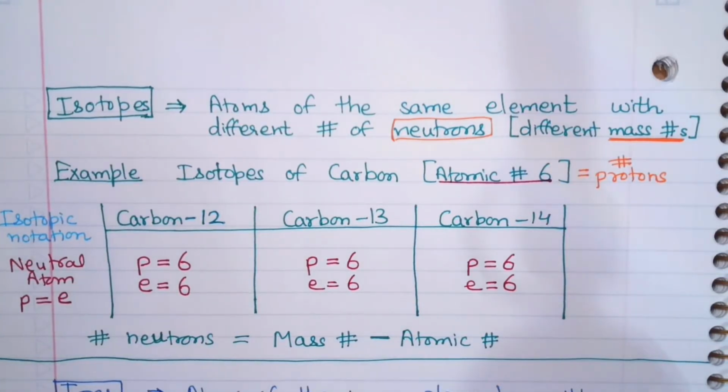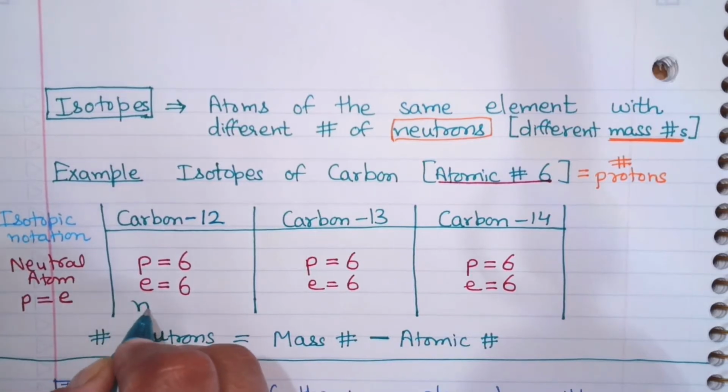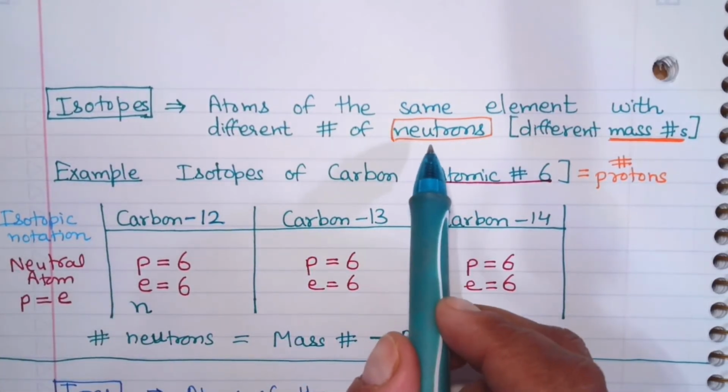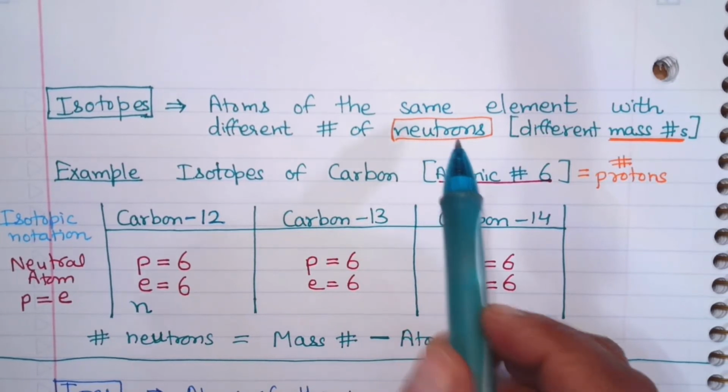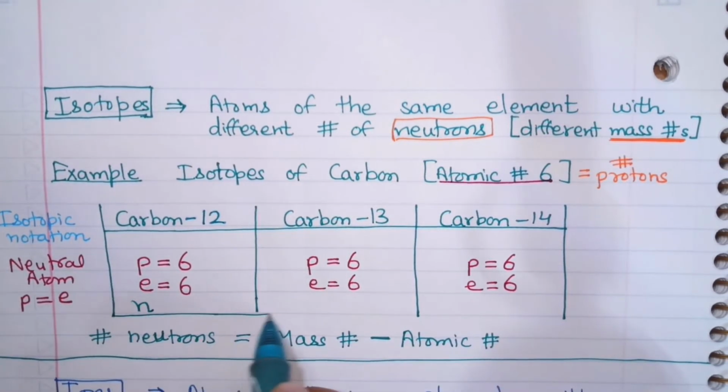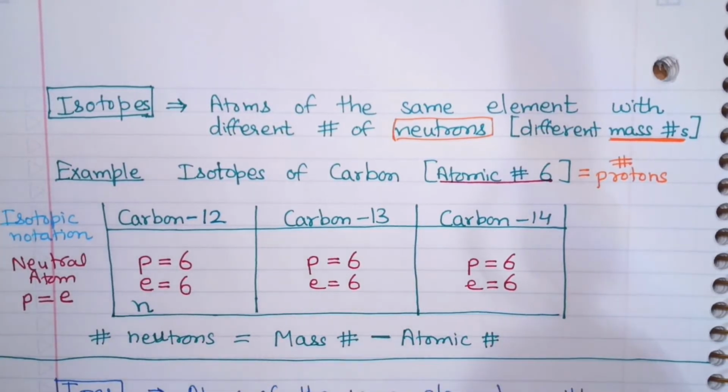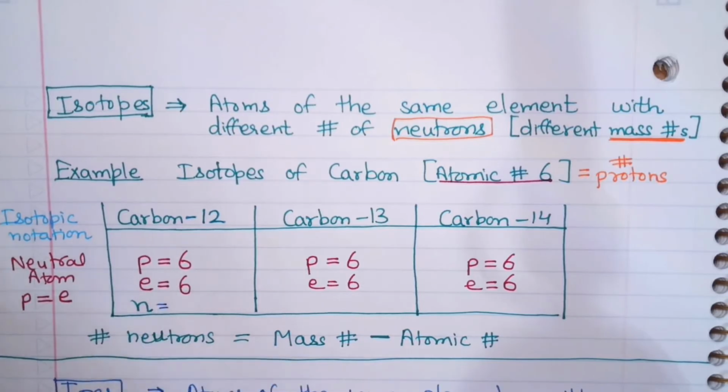Now let's talk about the neutrons. Isotopes are formed if you change the number of neutrons in the nucleus of an element, right? So now let's see how many neutrons each of those isotopes will have. Now how do we solve for neutrons?